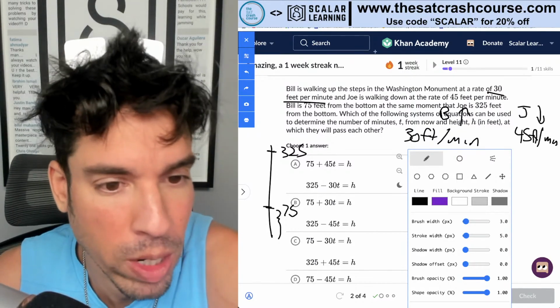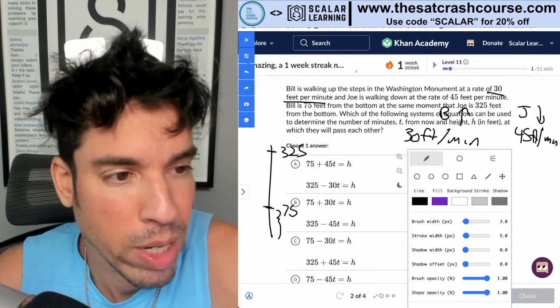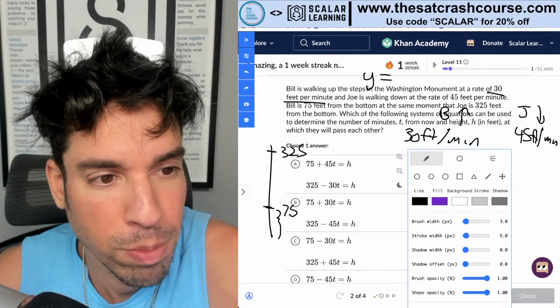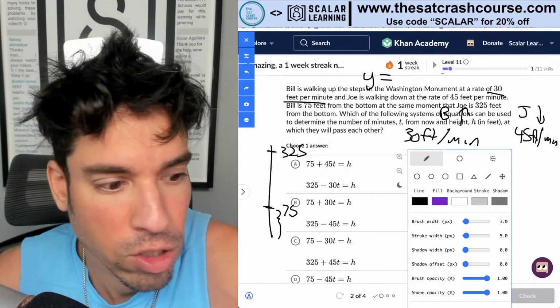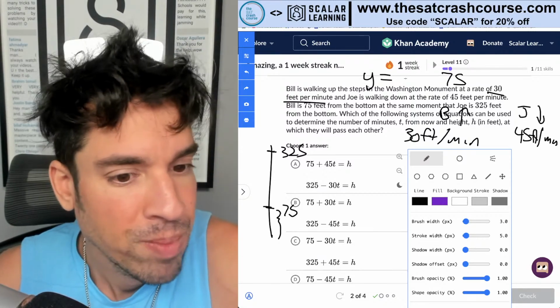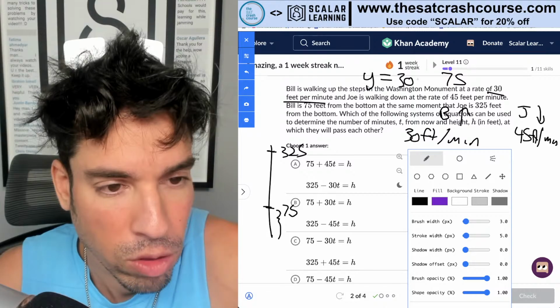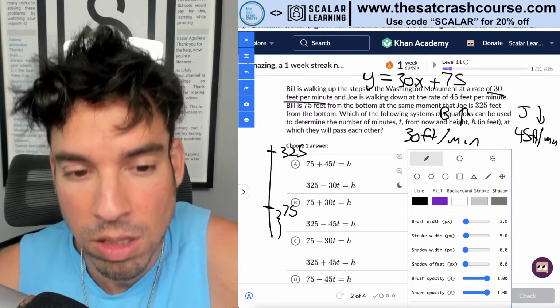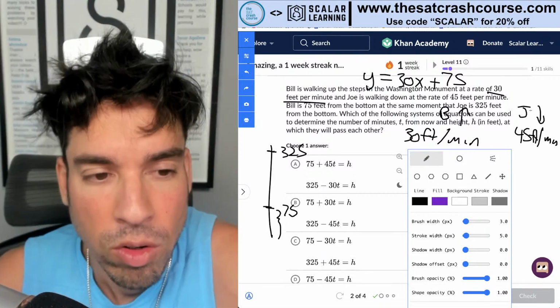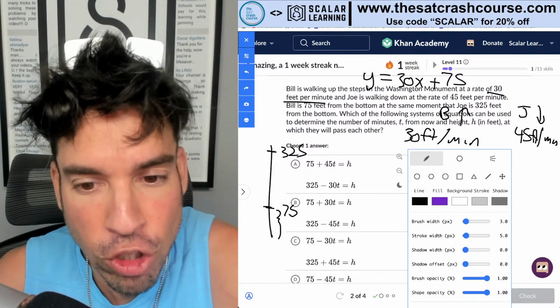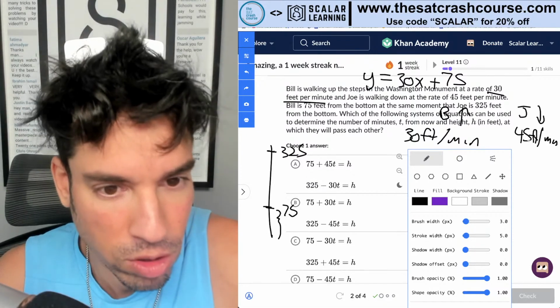So I can make an equation, right? So Bill is going up, right? So Bill, let's say his position from the bottom is starting at 75, and he's going up at 30 feet per minute, where x represents the number of minutes he's walking. Okay? Rate of change here is 45, but he's going down, so that's negative.